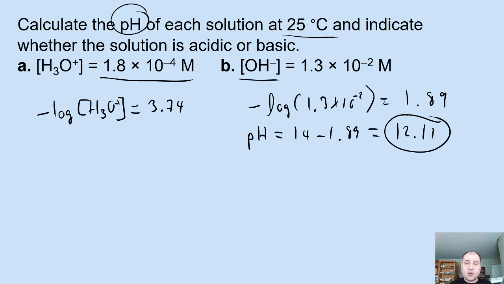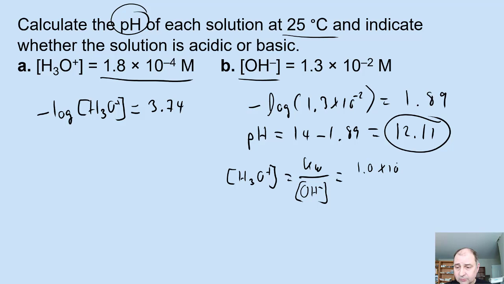So that's maybe the quickest way to do it, but you should be able to calculate the hydronium ion concentration by simply doing Kw over the hydroxide concentration. And so then that is 1.00 times 10 to the minus 14 divided by that 1.3 times 10 to the minus 2, and all of these units are in molarity.